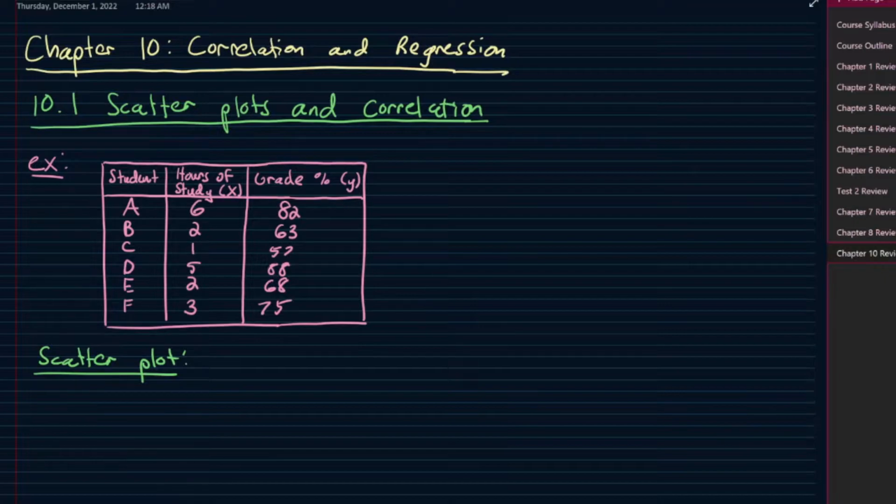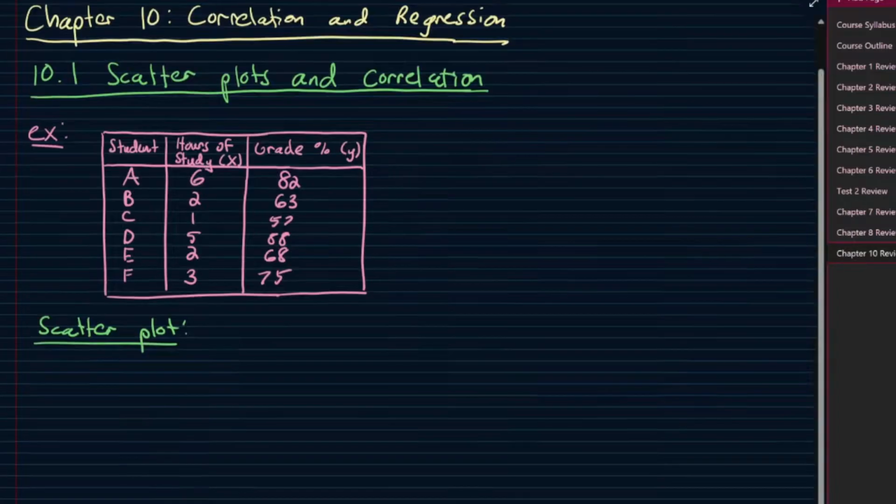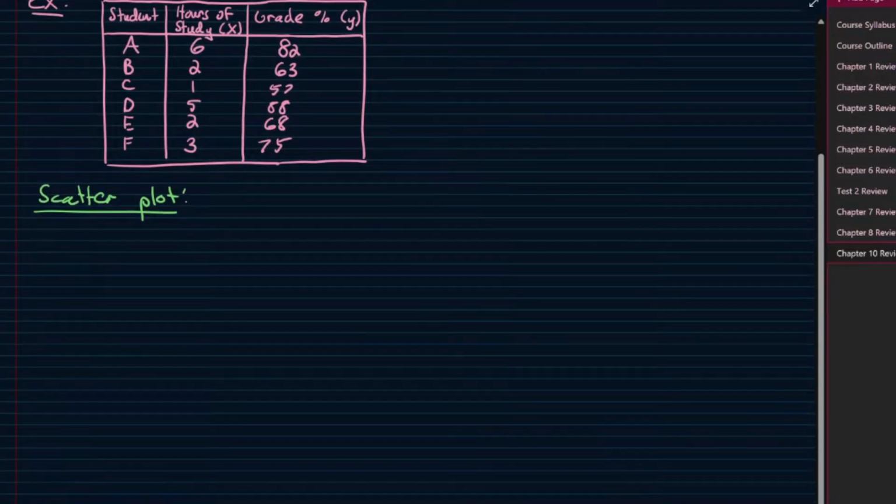We plot these points where our x value is the hours of study, our y value is the grade percentage. And then that'll show us how related they are. The more clumped they are together, the more related they are. The more spread out, the less related they are in general.